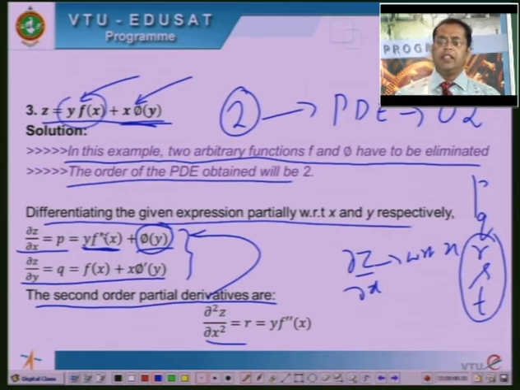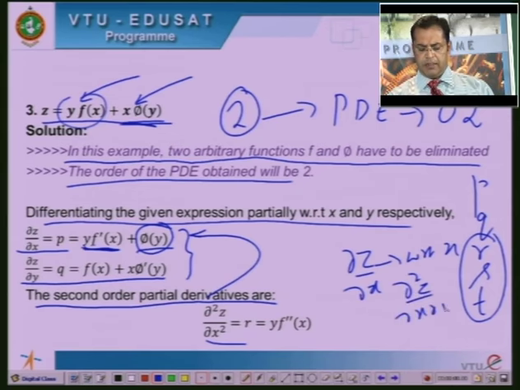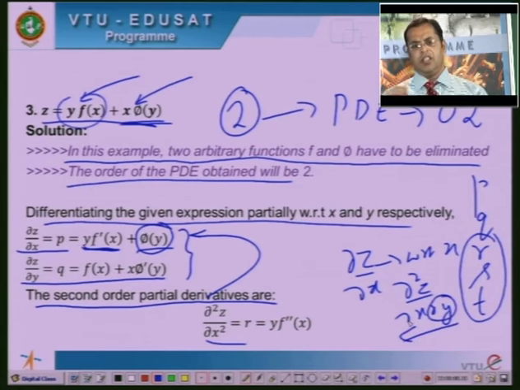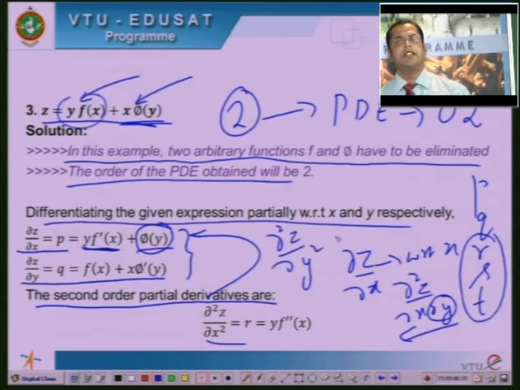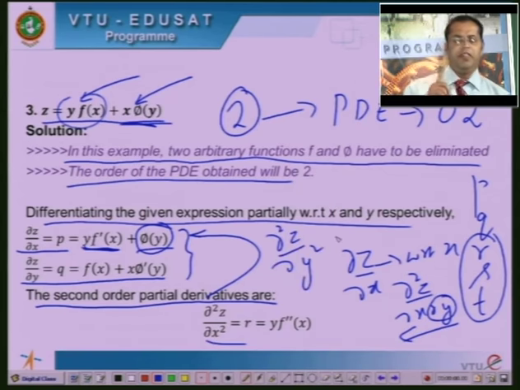Now, this leaves out two more partial derivatives, which are ∂²z/∂x∂y, which can be obtained by differentiating ∂z/∂y with respect to x, and that is denoted by s. And finally, ∂²z/∂y², which is obtained by differentiating ∂z/∂y again with respect to y.